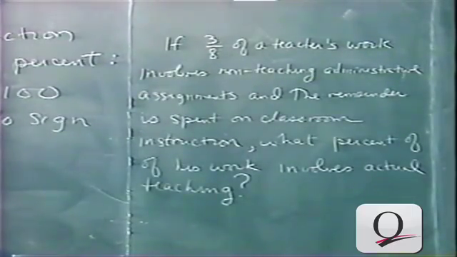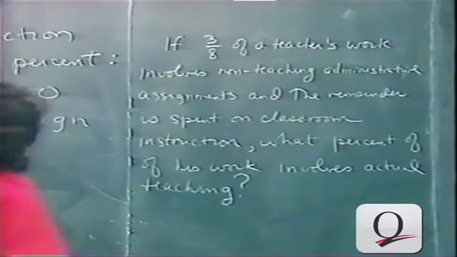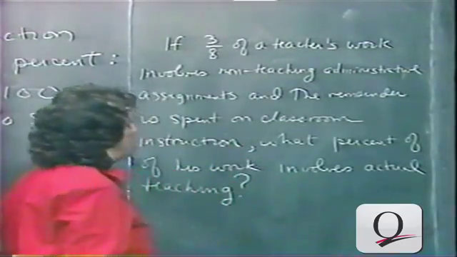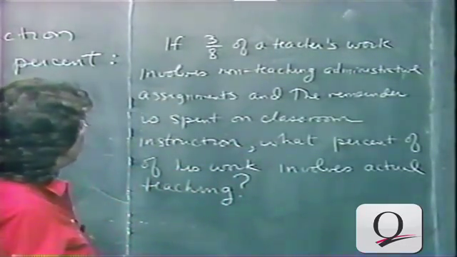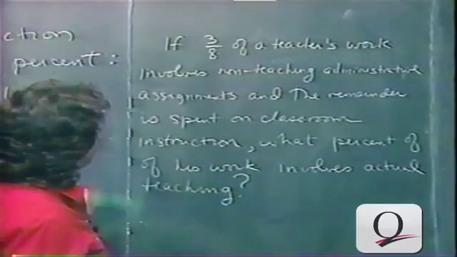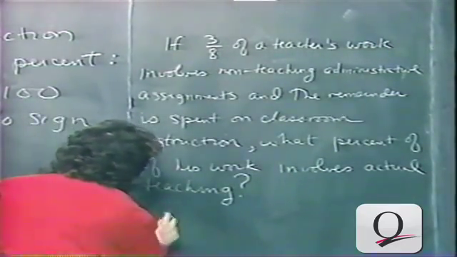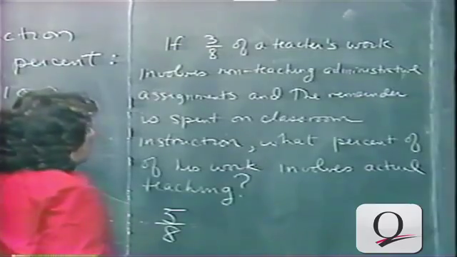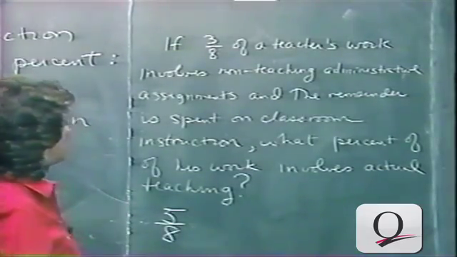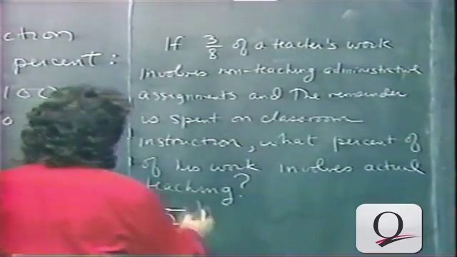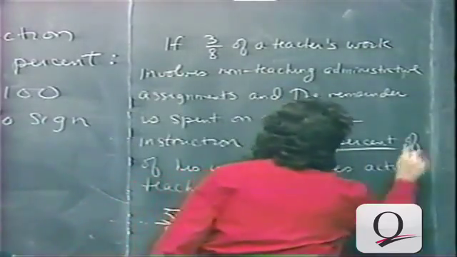Three-eighths of a teacher's work involves non-teaching administrative assignments. The rest of the time is spent on classroom instruction. What percent of his work involves actual teaching? Well, if 3/8 of his time is spent on non-teaching assignments, then the remainder, which is 5/8, is spent on the actual teaching. We need to express this as a percent.